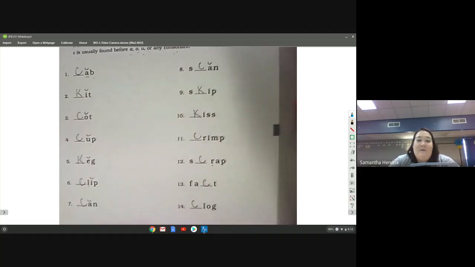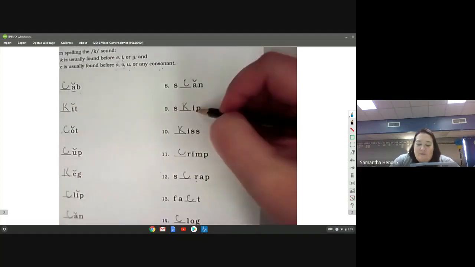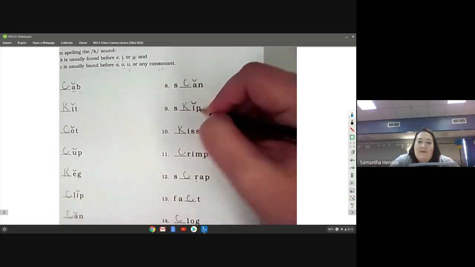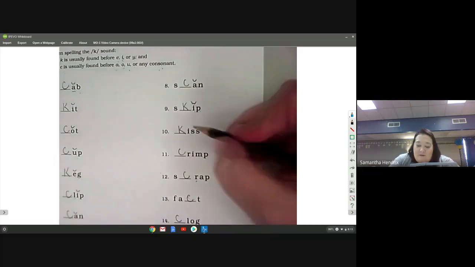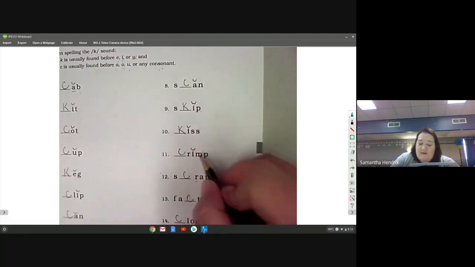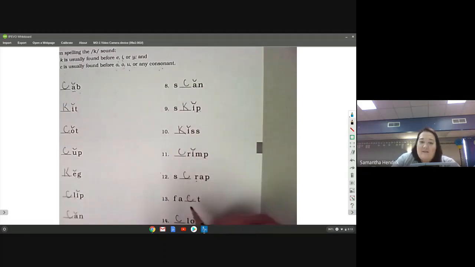Now I'm going to go back and read them. So this is going to be a short sound because it's followed by a consonant. This is going to be a short I. This is a short I. Remember, when they're followed by consonants, they're short vowels. Okay, all these are followed by consonants, so they're all going to be short.